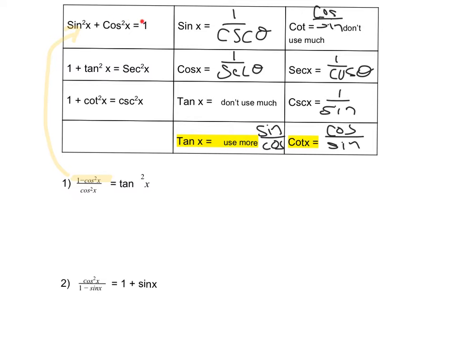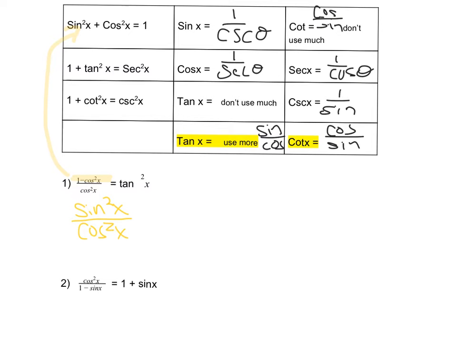If I bring the cosine squared over here, I'd have 1 minus cosine squared, which would give me sine squared. So I'm going to use that. That's the quickest way to do this one. So 1 minus cosine squared is equal to sine squared x, and that's all over cosine squared x.